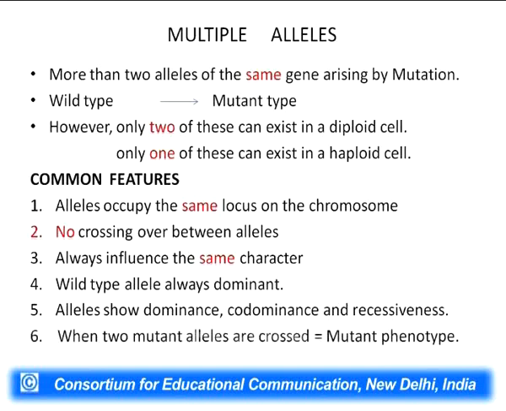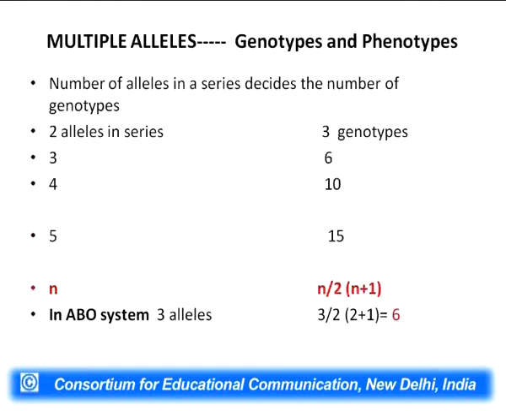These alleles show three types of interactions: dominance, codominance, as well as recessiveness. And when the two mutant alleles are crossed, then you would find that the phenotype of the progeny would always be a mutant. So, that means they do not go backwards. It is always from wild to mutant, which has come in evolution. They are not going backwards.